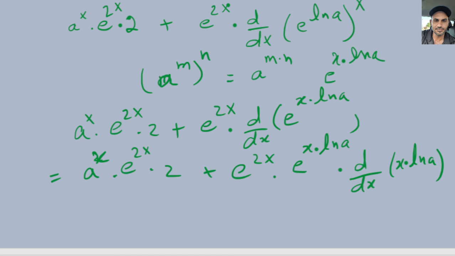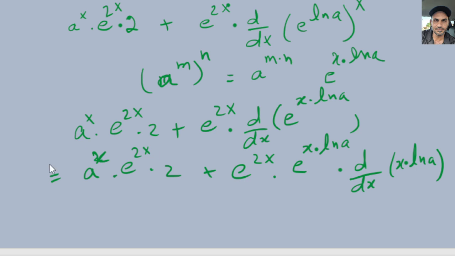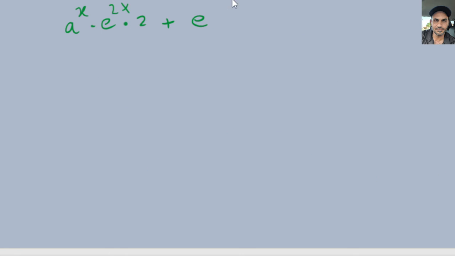Okay, so let's write this. We get a to the x times e to the 2x times 2 plus e to the 2x times e to the x ln of a times the derivative of x times ln of a.